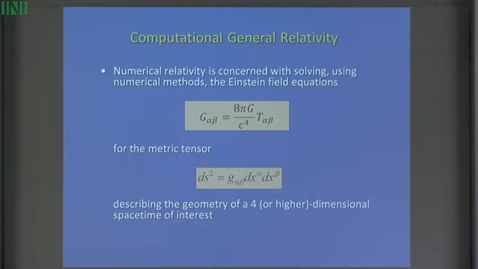But what we really want to know, and like most people I'm not going to worry too much about the matter, knowing the matter evolution is interesting, but perhaps the main problem with these equations is the geometric side. We trivially know what the Einstein tensor is, but what we really want to know is what the metric tensor is. We want to understand the geometry of spacetime, and so we want to know the metric tensor by solving the Einstein equations.